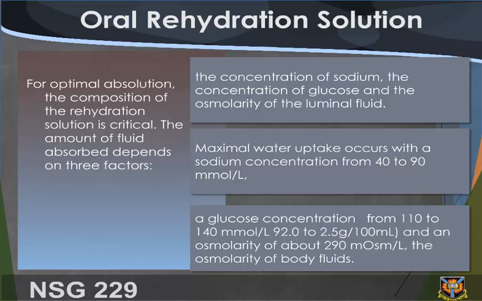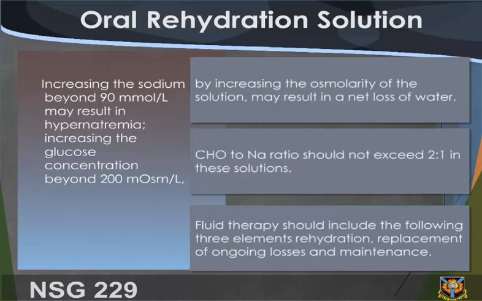Maximal water uptake occurs with a sodium concentration from 40 to 90 mmol/L, a glucose concentration from 110 to 140 mmol/L, 2.0 to 2.5 g/100 ml, and an osmolarity of about 290 mosm/L, the osmolarity of body fluids.